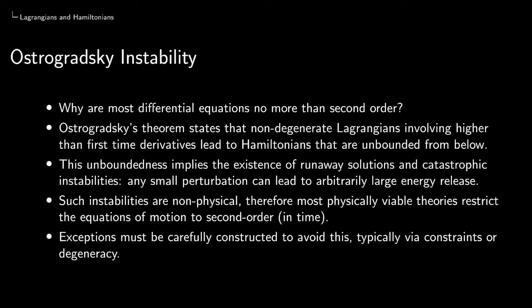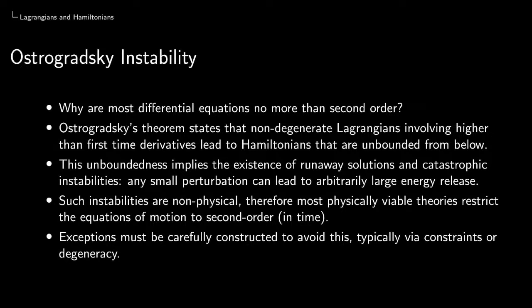And why is that? Basically, what Ostrogradsky's theorem says is that if you include higher and higher derivatives, you're going to lead to Hamiltonians and Lagrangians that are unbounded from below. And what that means, in terms of a Hamiltonian, is that if you think about energy, Hamiltonians are systems that like to track the energy.